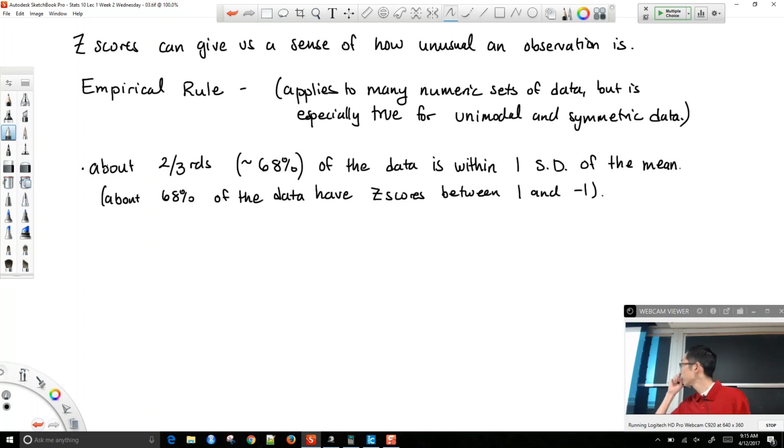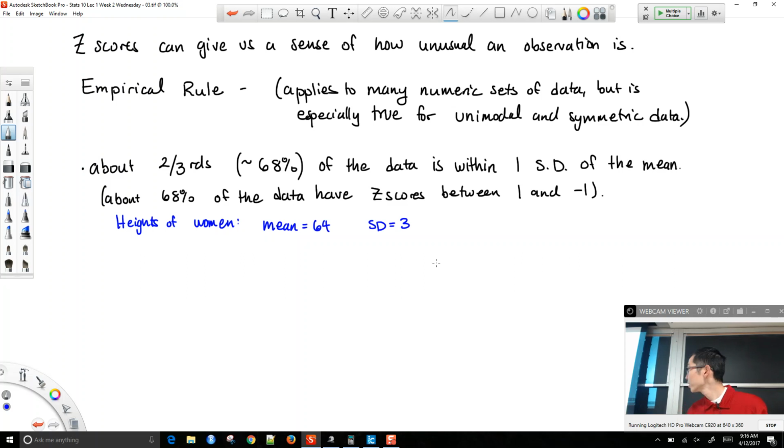So if we were talking about the heights of women, for the heights of women, what we say is that the mean is 64, the standard deviation is 3.